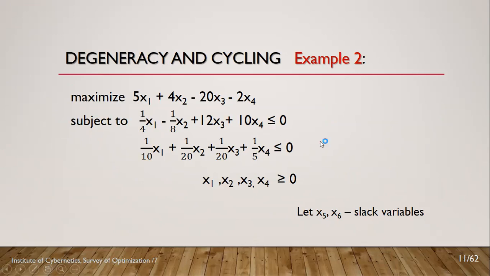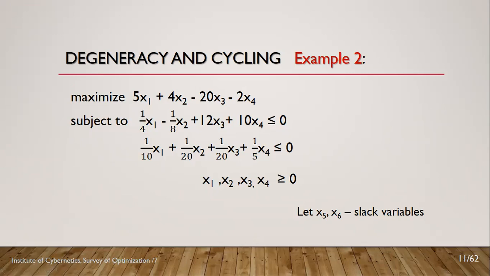But what is specific here? We have 4 variables and 2 constraints.